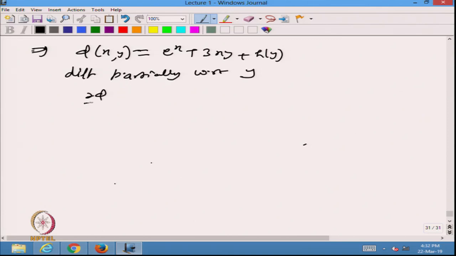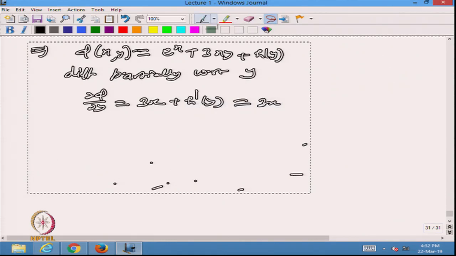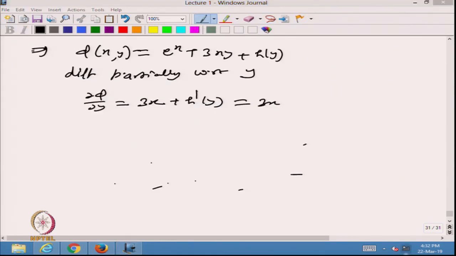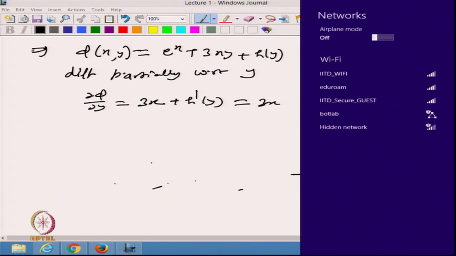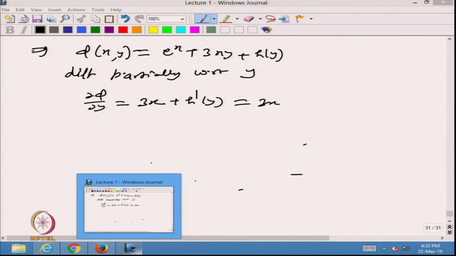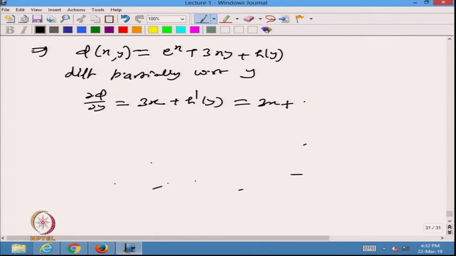I will get del phi by del y is equal to, this will be a function of x so it will be 0, it will be 3x plus h dash y, and this is equal to 3x plus cos y. That is given to me.